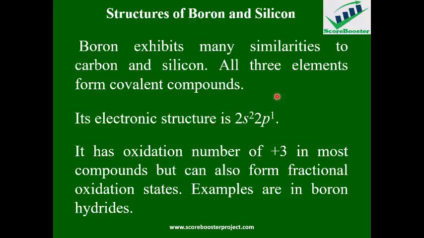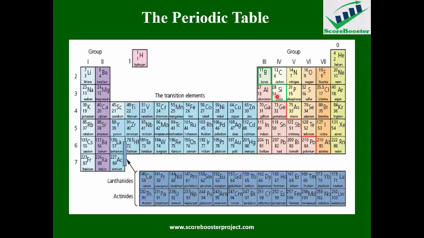Boron exhibits some similarities to carbon and silicon, because carbon is a direct neighbor of boron. Boron belongs to group 3, carbon belongs to group 4. If you look at this periodic table, this is boron, group 3, this is carbon, group 4. So carbon and silicon are of the same group.